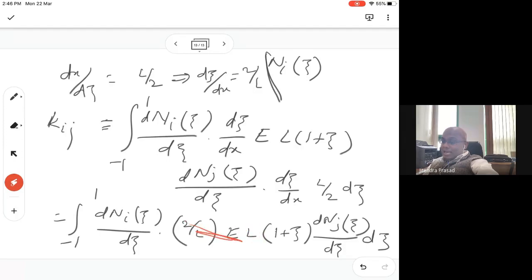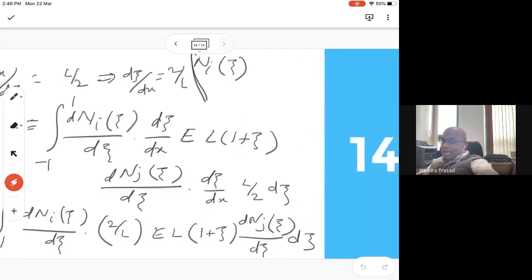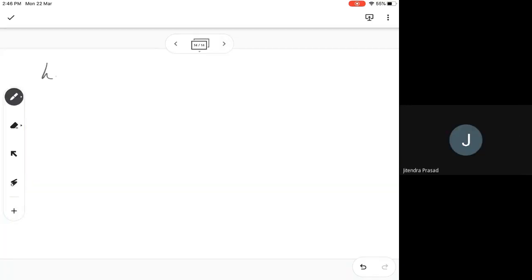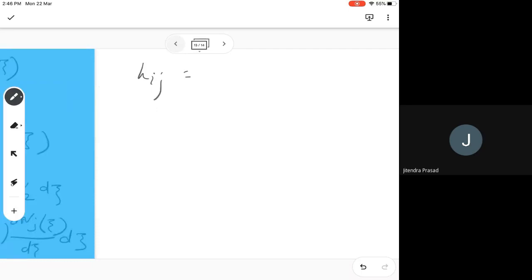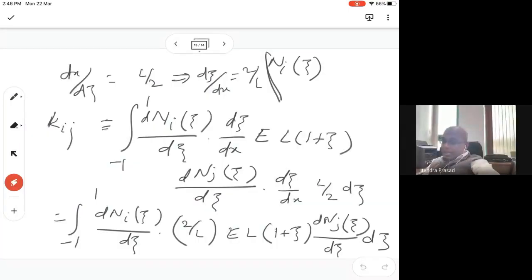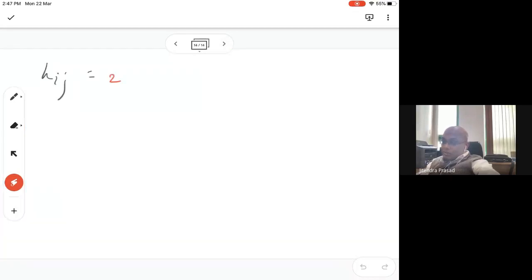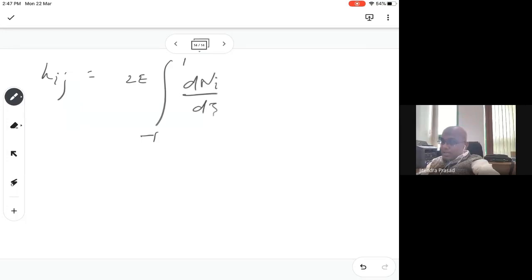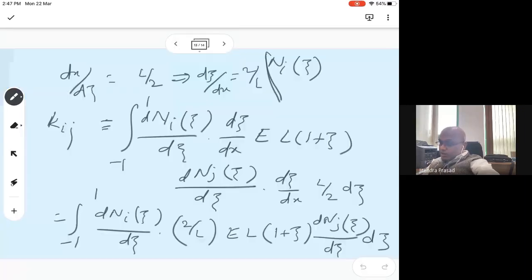So you have 2 times E, and then finally the expression K_ij will be equal to, in this case, E and L. L cancels out, and you have 2E, and then the integral from minus 1 to 1 of dN_i/dξ multiplied by (1+ξ), and dN_j/dξ dξ. So this is what you got.